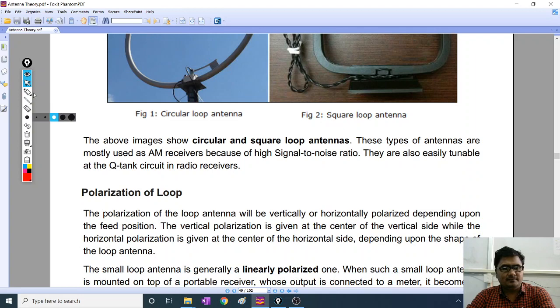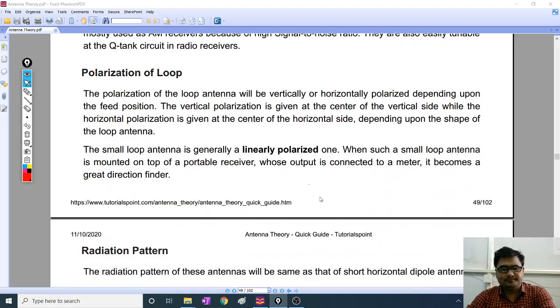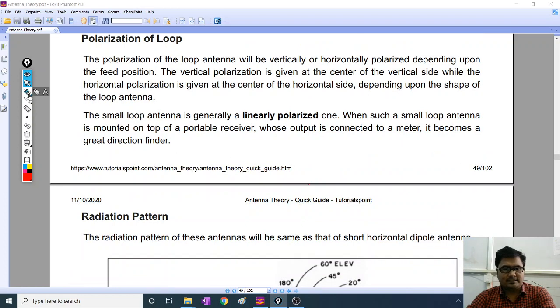Right. Now, if I want to discuss the polarization, it is an obvious thing that if I'm talking about polarization, look at this, it's a clear loop antenna.